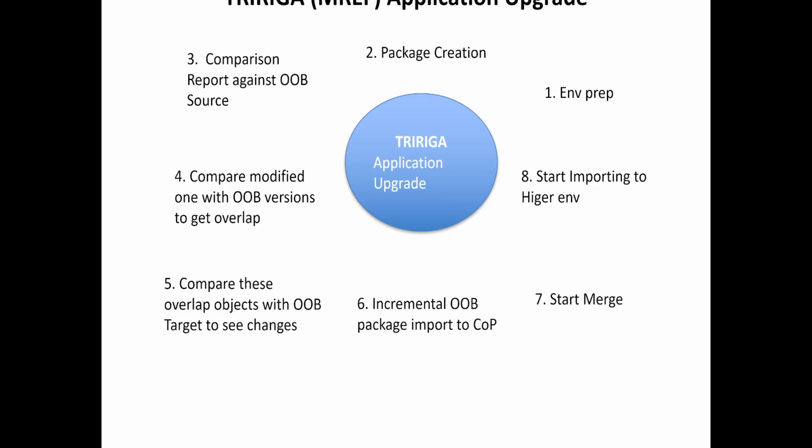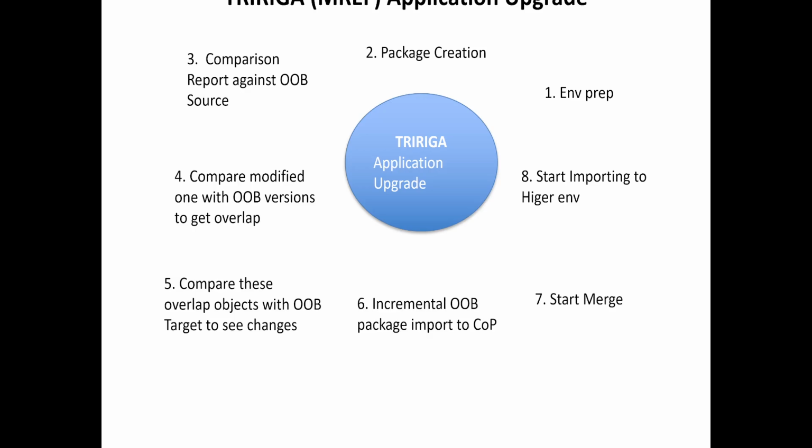Sometimes, if you see the changes are fewer when comparing against the out-of-box source, you may prefer to do that as well. So you do all the merge activity. Merge activity is nothing but making sure that your current TRIRIGA application functionality is not changed.